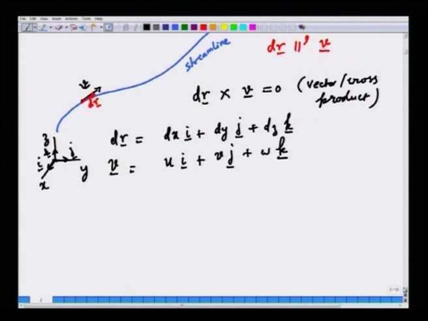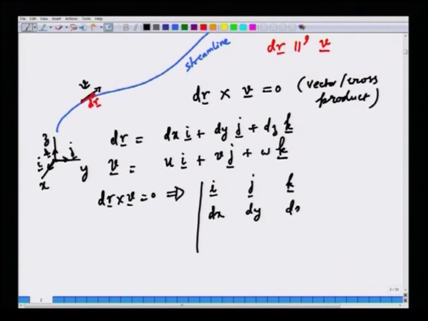The velocity vector is written as u i plus v j plus w k, in terms of the three Cartesian components. Now, dr cross v is 0 implies that the determinant with rows i, j, k; dx, dy, dz; u, v, w must be 0.